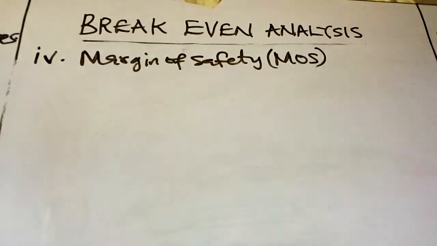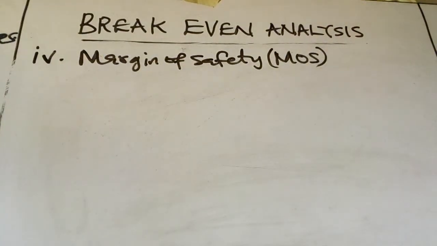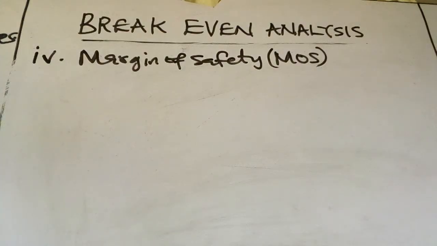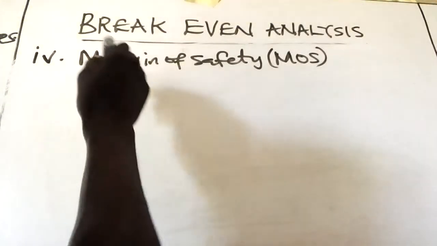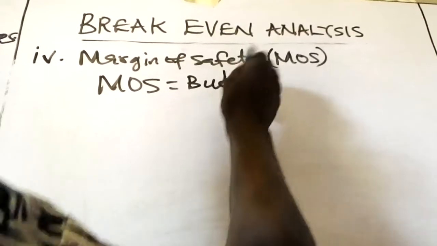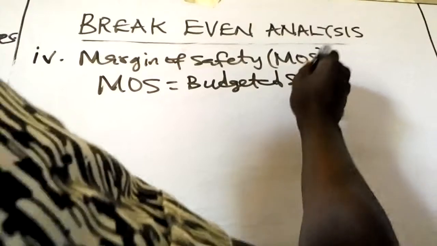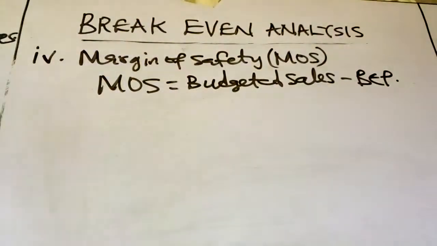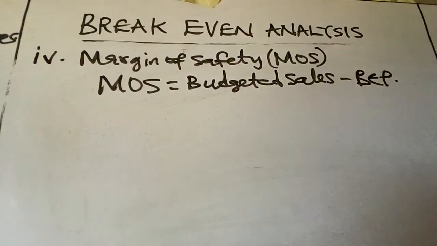This is the difference between the budgeted sales and the break-even level of activity. Margin of safety is budgeted sales minus break-even point. That is margin of safety.